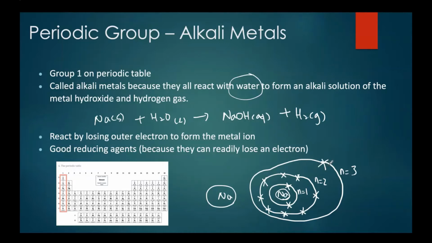Because we have just 1 electron in energy level 3, it doesn't really take a lot of energy to remove this electron. That's the reason why we can lose this electron very, very easily. That's the reason why we consider the alkali metals to be good reducing agents.